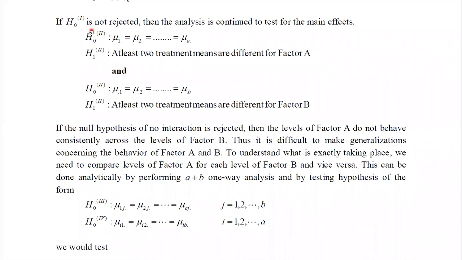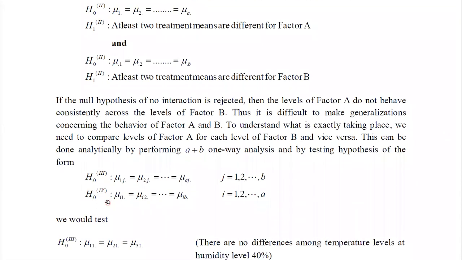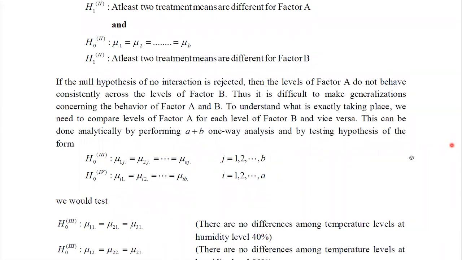In the second stage, you have tested these two hypotheses, and in the third stage, you select a given value for J. It means that for the factor levels of B, first we test factor B, and then we test factor A. According to the example we are considering, we had 3 levels of temperature and 2 levels of humidity.